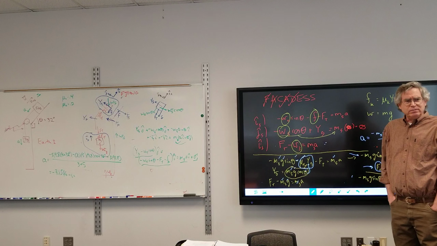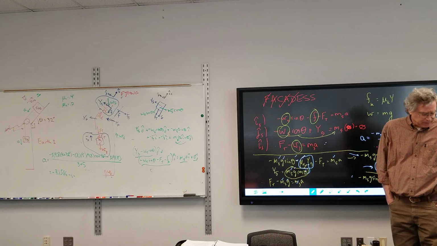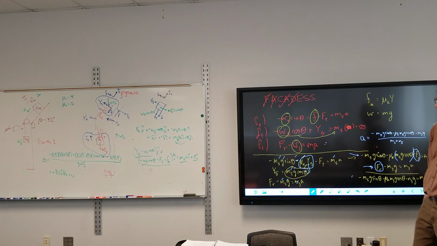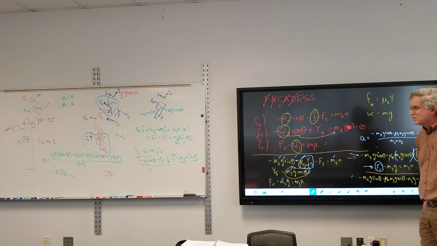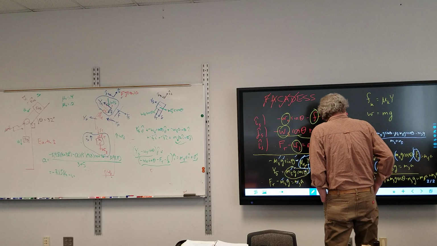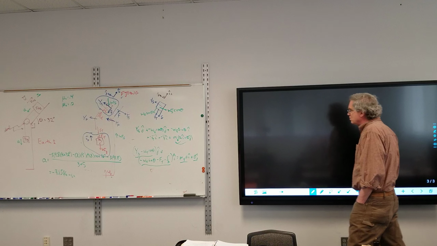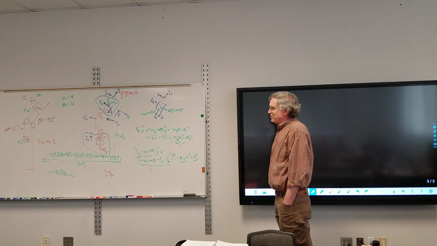We found the acceleration. If this were a multi-part problem, I would break it into parts, and one of the parts would be, what is the acceleration? And the next step is, how far up the ramp does it go? It's now a motion problem.